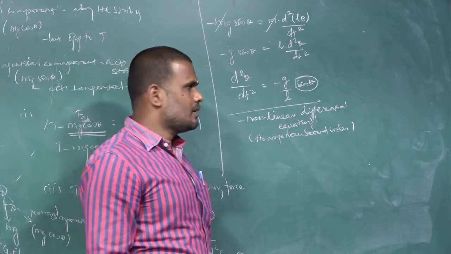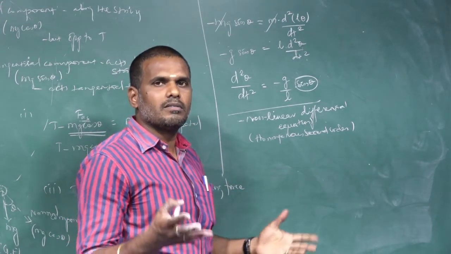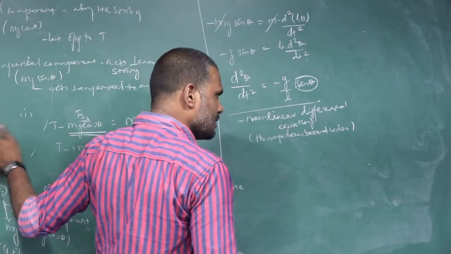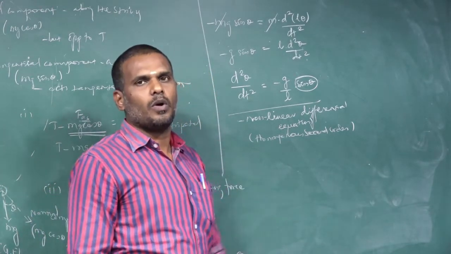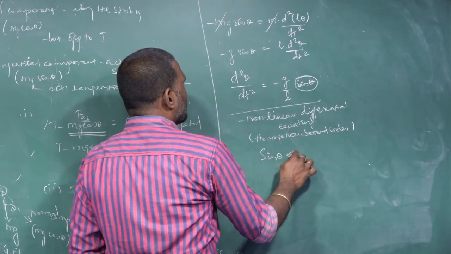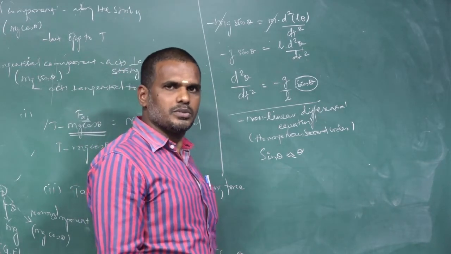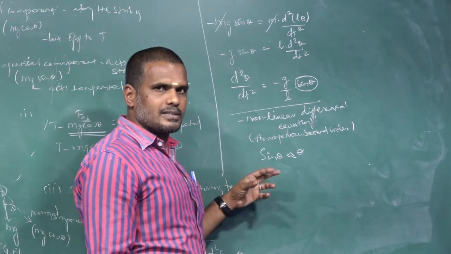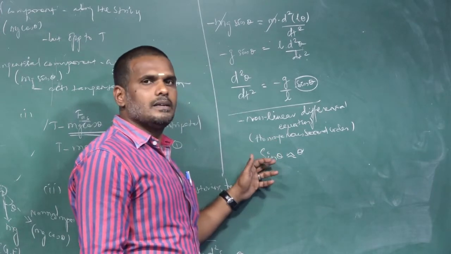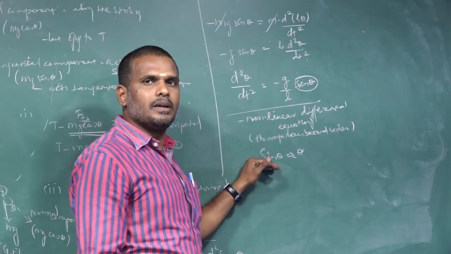What we need is an expression for a linear simple harmonic motion. So I am going on with the same approximation. If I consider this angle theta as a small one, then sine of theta can be approximated to theta. As we discussed in the previous classes, sine theta is approximately equal to theta is obtained from the sine series.